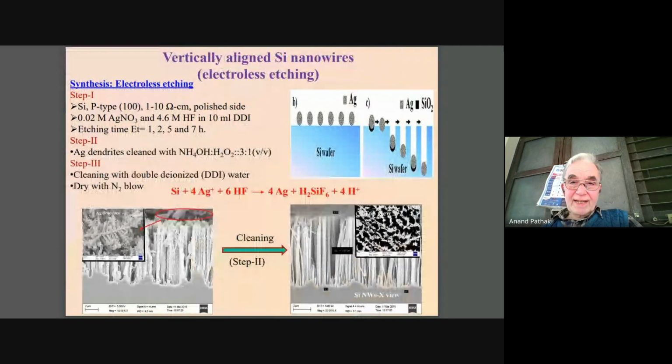Yes. Vertically aligned silicon nanowires. First, electrolysis etching is used to make the vertically aligned nanowires, and on that you put some silver. So silver on vertically aligned nanowires gives you the CRS procedure. Next one.